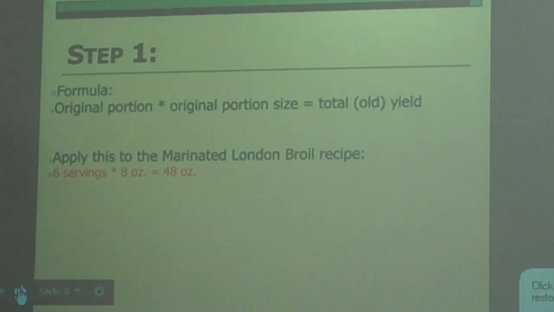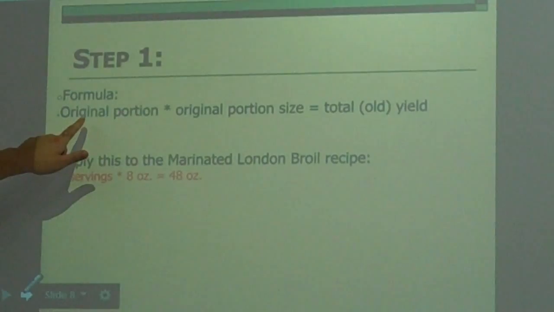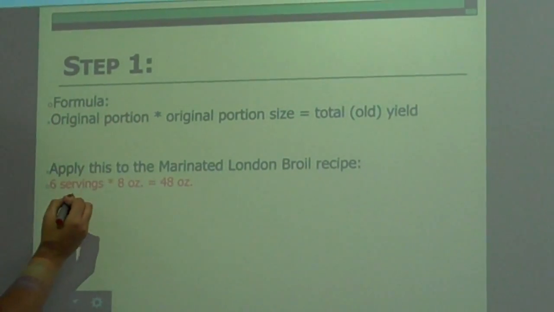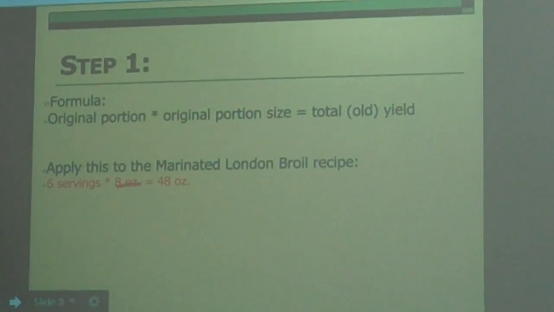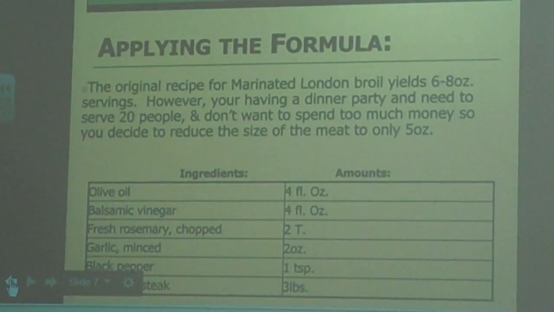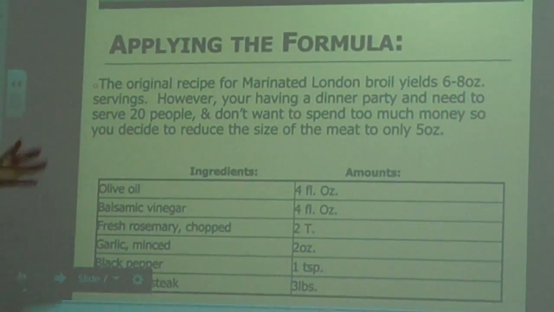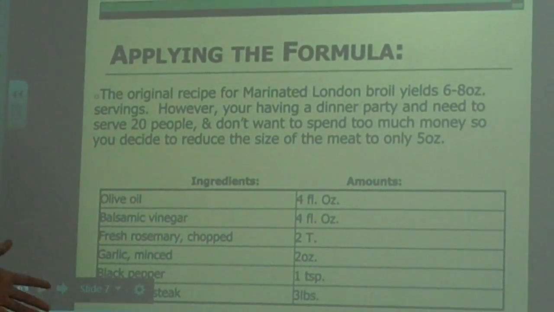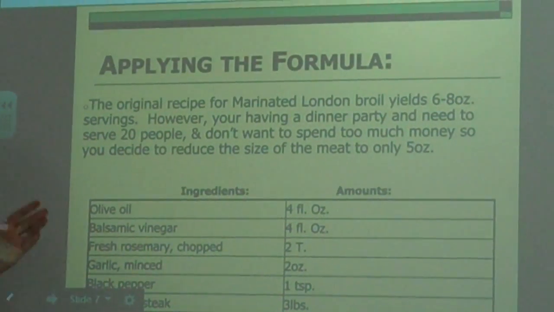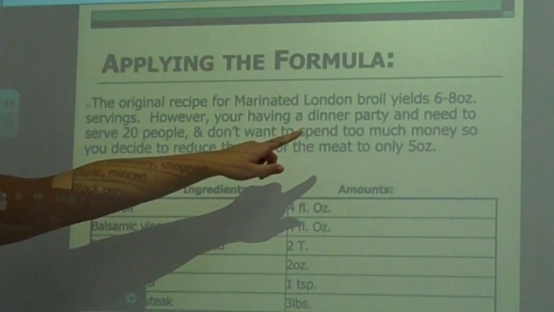Alright, so here's your formula. Step 1. Your original portion, okay, so our original portion was 8 ounces, which I have right here. Alright, so now let's actually apply this formula so you understand what we're doing. So here's a little scenario for you. The original recipe for marinated London broil, which is steak, yields 6 servings, and each serving is going to be 8 ounces.